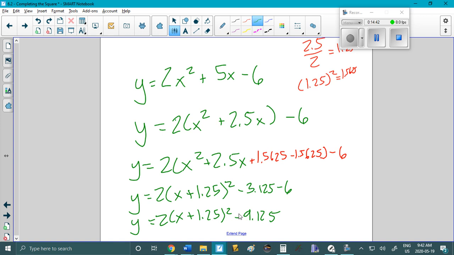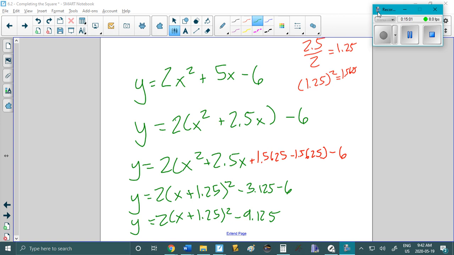So that works, right? So basically what I wanted to show you is that this works no matter what. Now in this case, dividing by 2, the fractions turn into nice decimals. If they turn into ugly decimals, this will just get uglier, and you'll have to work with fractions. But most of the ones I'll give you will be nice, easy ones anyway. I just wanted you to see that this works all the time. It just gets a little bit ugly.